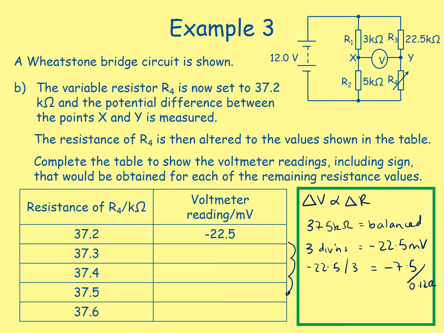So all we need to do is take minus 22.5 and take away negative 7.5. We get to minus 15 for this one just here. We can take away negative 7.5 again, and we get to negative 7.5. And do the same again, we get to 0, which is where we should be because our bridge is balanced here. And then again, we get up to 7.5, and that's positive this time. So we've just completed the table to show our voltmeter readings, including our signs.